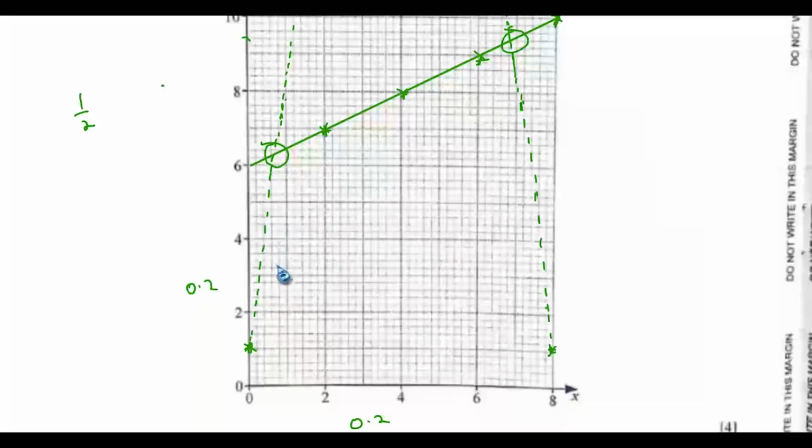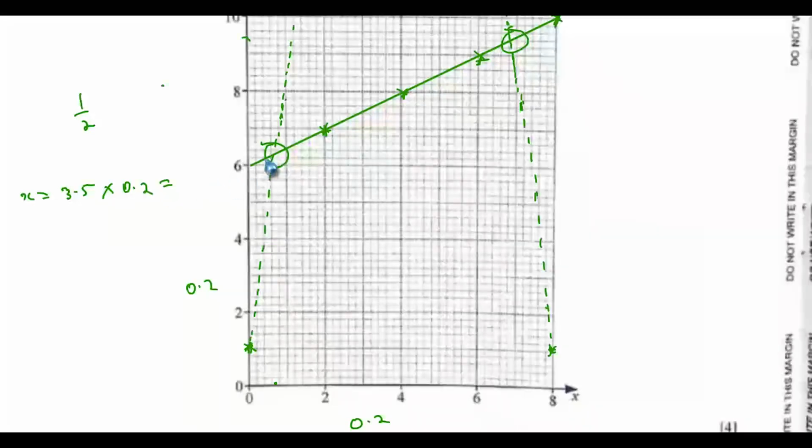Let's count from here: 1, 2, 3, so about 3, but it's a little bit more than 3. So 3.5. The value of x here will be 3.5 lines multiplied by 0.2.